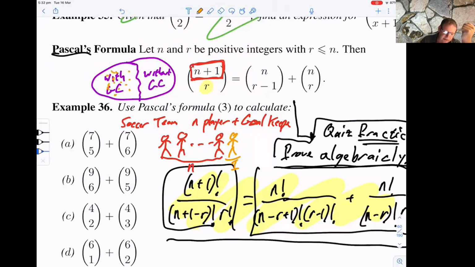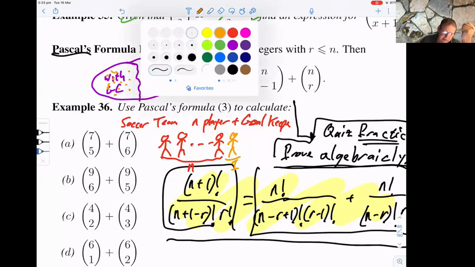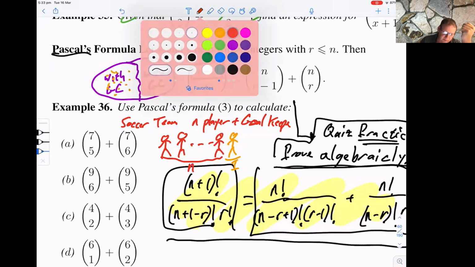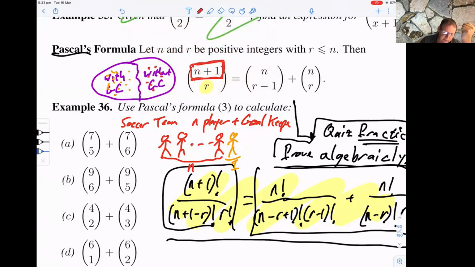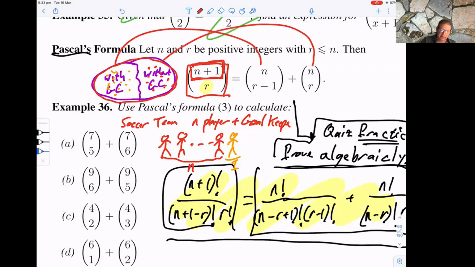These are subsets with the goalkeeper and subsets without the goalkeeper. So the total number of subsets is going to be the subsets with the goalkeeper, which is this, plus the subsets without the goalkeeper.